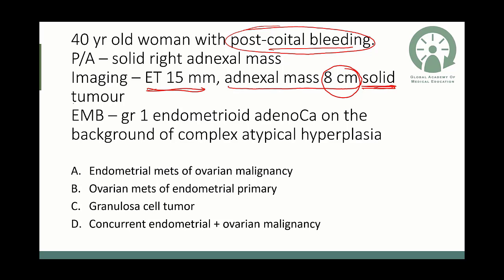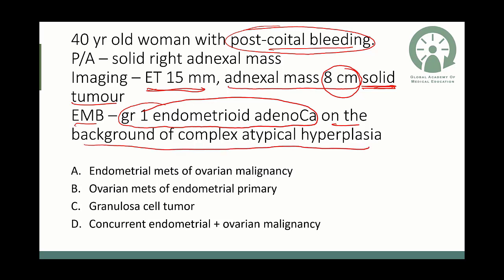Endometrial biopsy was done and it found grade 1 endometrioid adenocarcinoma on the background of complex atypical hyperplasia. So something is triggering the endometrial lining. There is hyperestrogenemia.